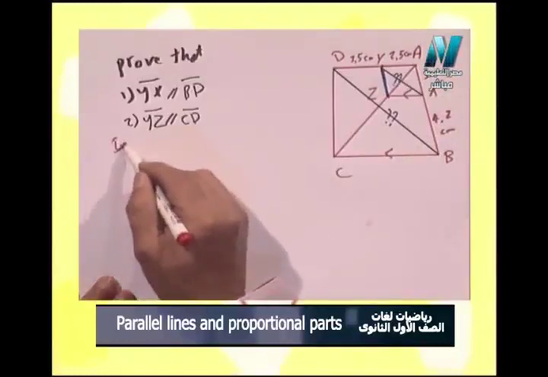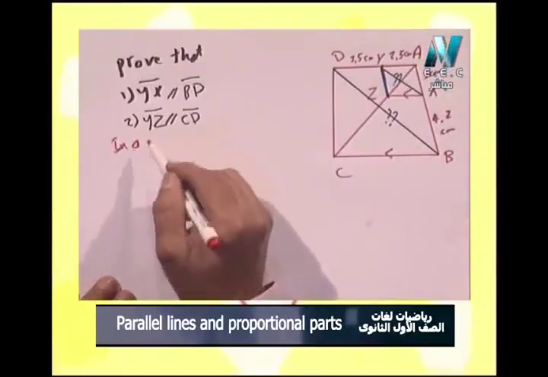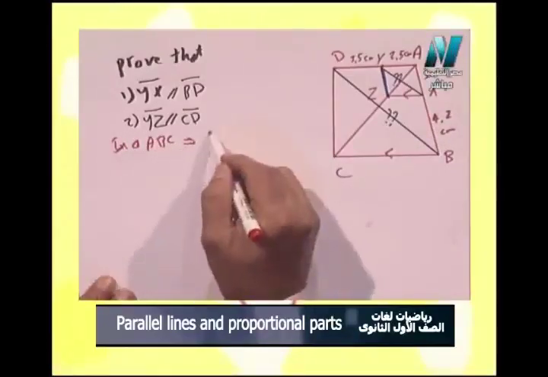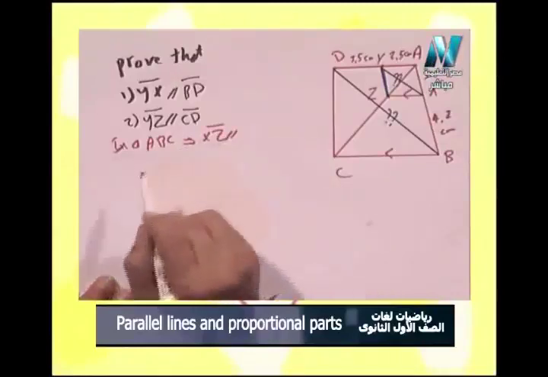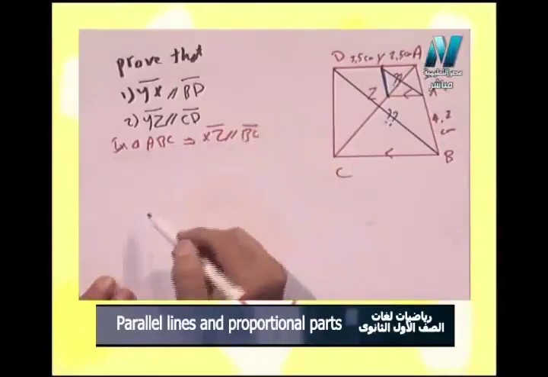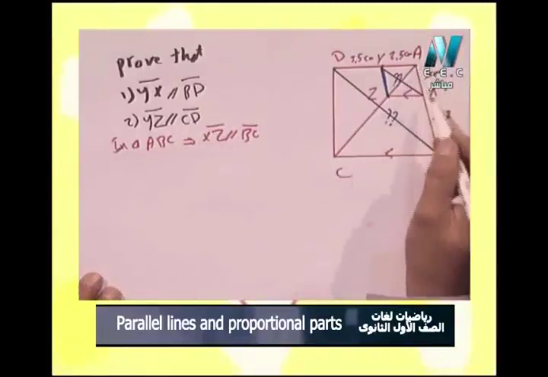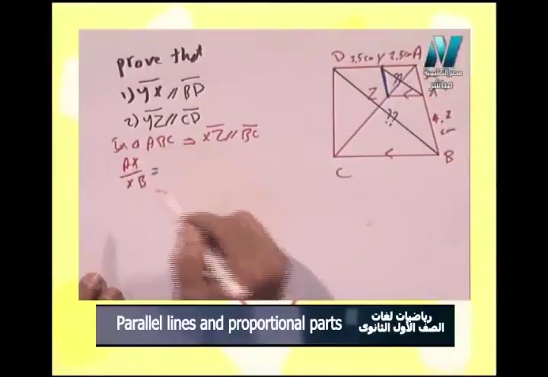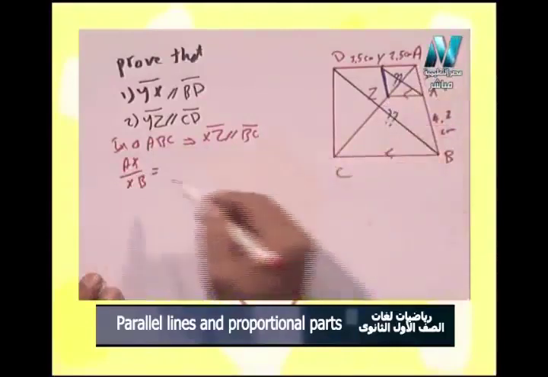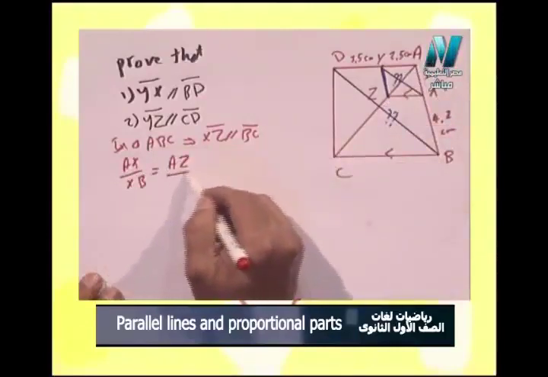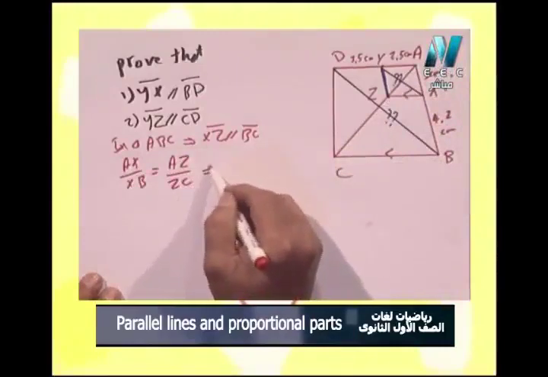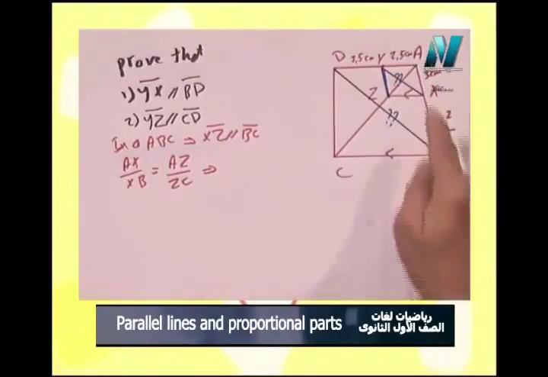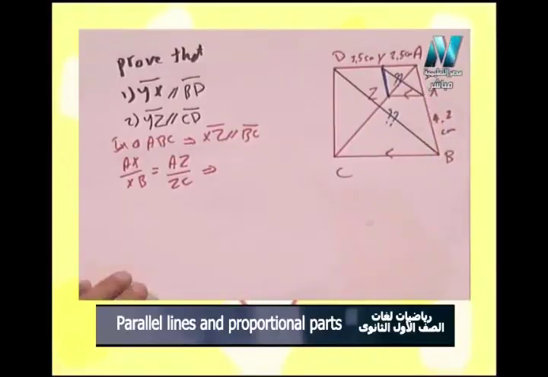So in triangle ABC, we know that XZ is parallel to BC, so AX over XB will be equal to AZ over ZC. AX over XB here equals 3 over 4.2.